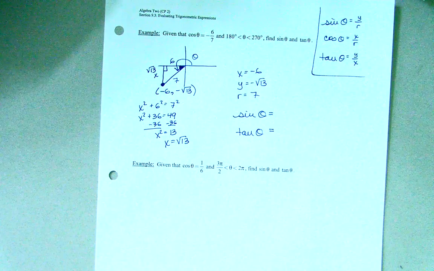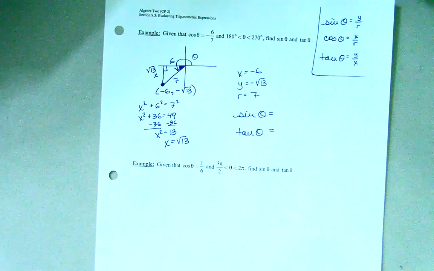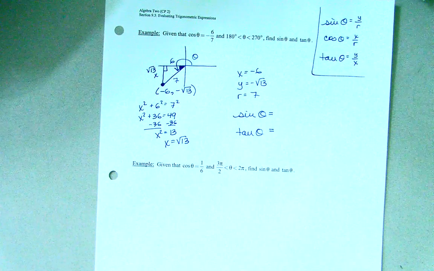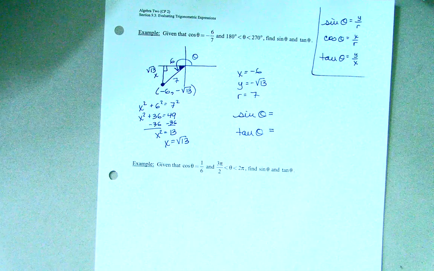R is the hypotenuse, the radius. It's always going to be something positive. X and Y are coordinates, but radius truly is a distance.